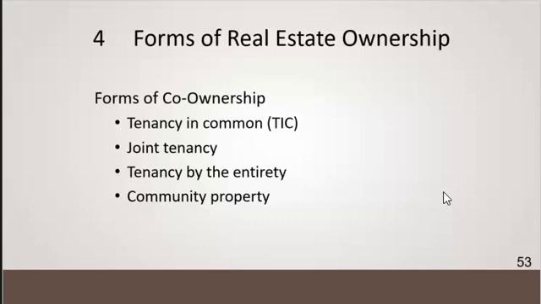Now, it's still an undividable interest. I can't take my 25% of the shares and leave. It's 25% of everything. But the 4 of us have an equal interest amount. You can no longer have a 90-10 split. If there are 2 of you, it's 50-50. You have to have equal interests.